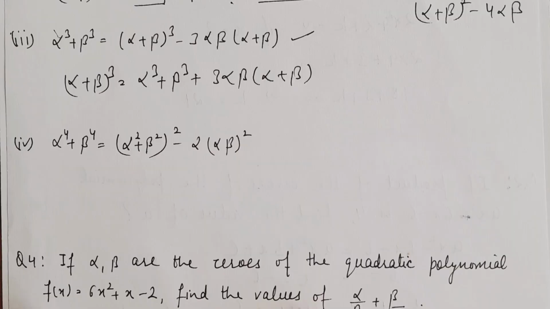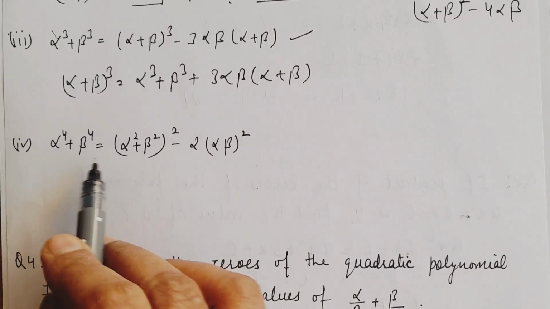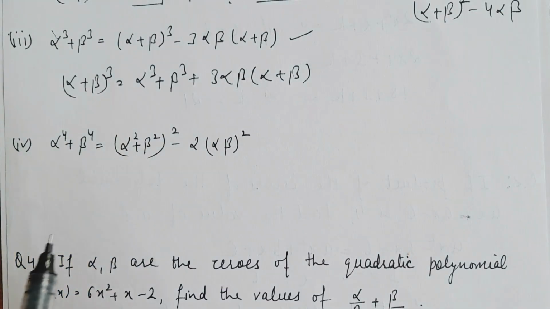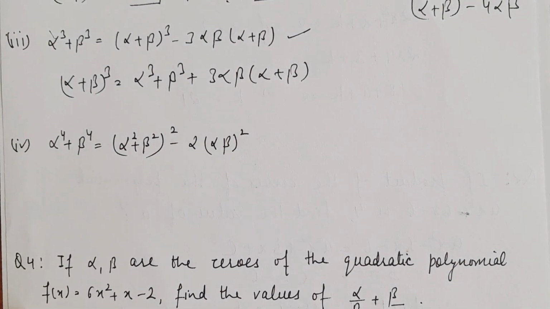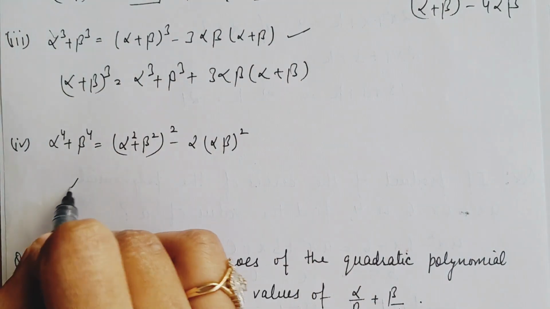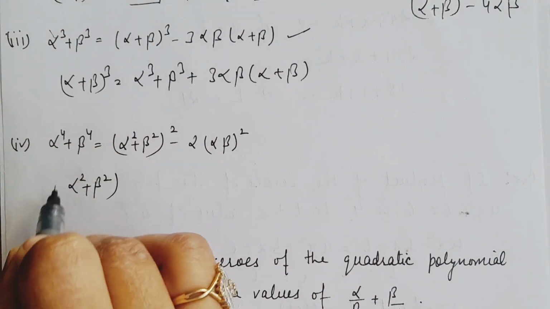Now the fourth identity is alpha 4 plus beta 4 is equal to this. So how can we find this? Let's simplify it. For this, let's take alpha square plus beta square whole square.